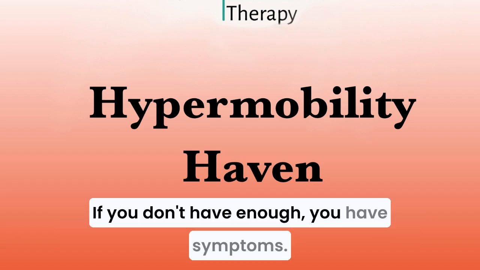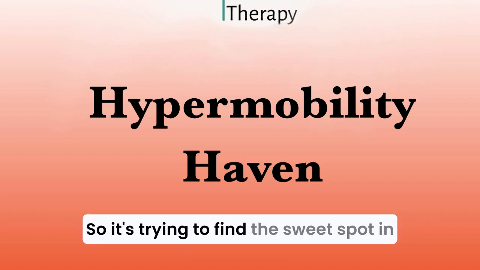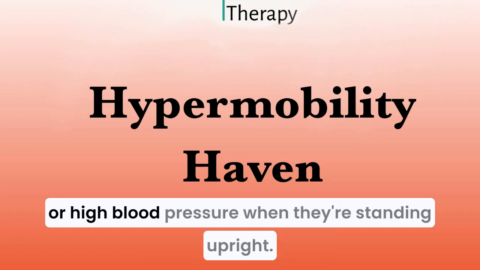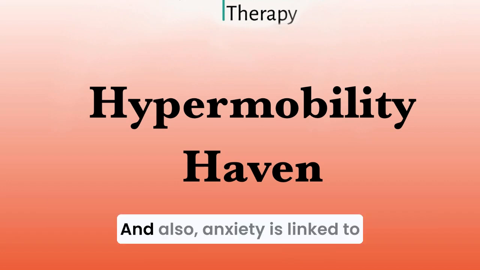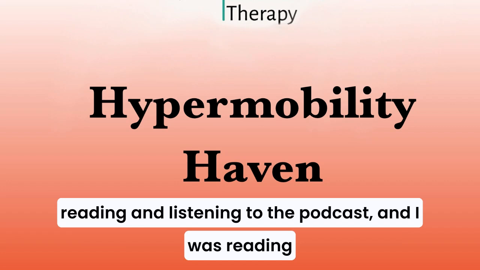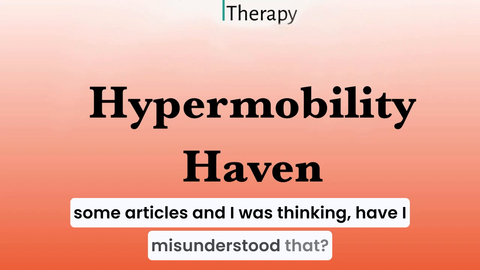If you don't have enough, you have symptoms. So it's trying to find the sweet spot in the middle where individuals don't struggle with tachycardia or high blood pressure when they're standing upright. And also anxiety is linked to both too much and too little. I had to do a double take when I was reading and listening to the podcast, and I was reading some articles, and I was thinking, have I misunderstood that?